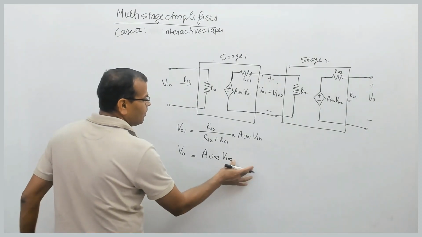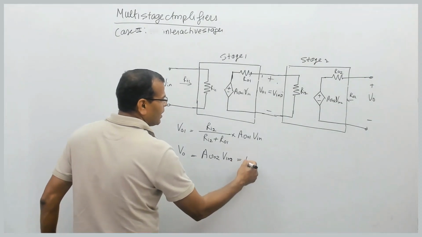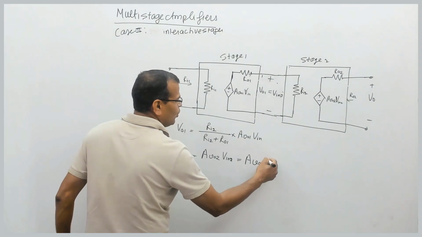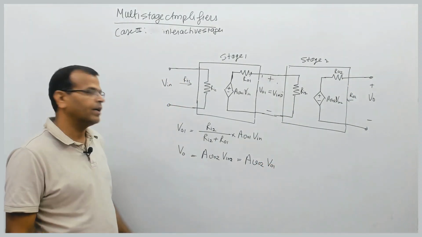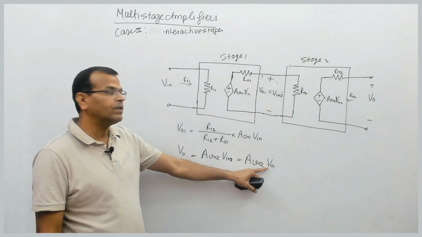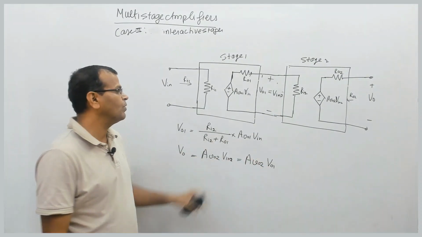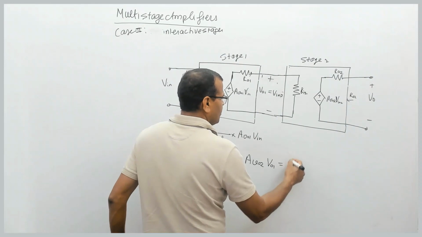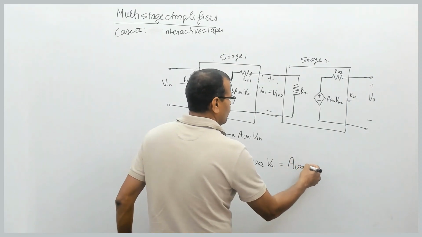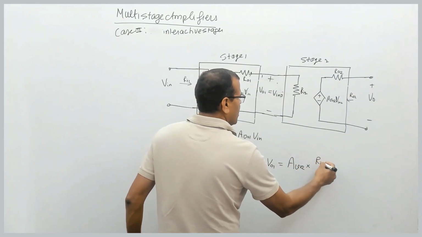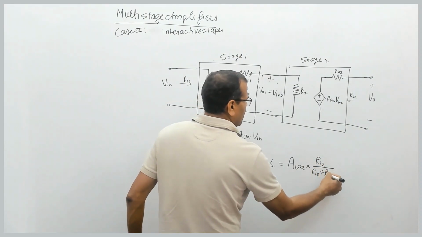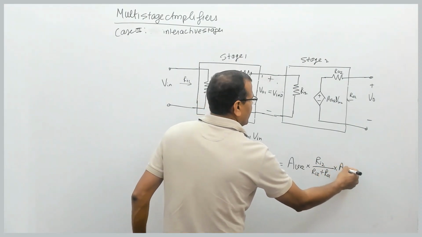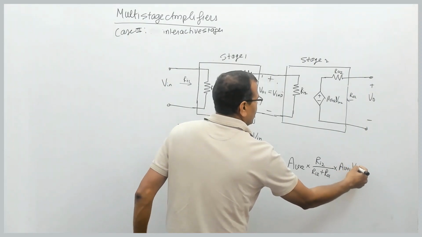So I can simply write, that is AV02 into V output of the first stage, right? And you know what is V output of the first stage? So that is nothing but AV02 multiplied by Ri2 divided by Ri2 plus R01 into AV01 into V in.